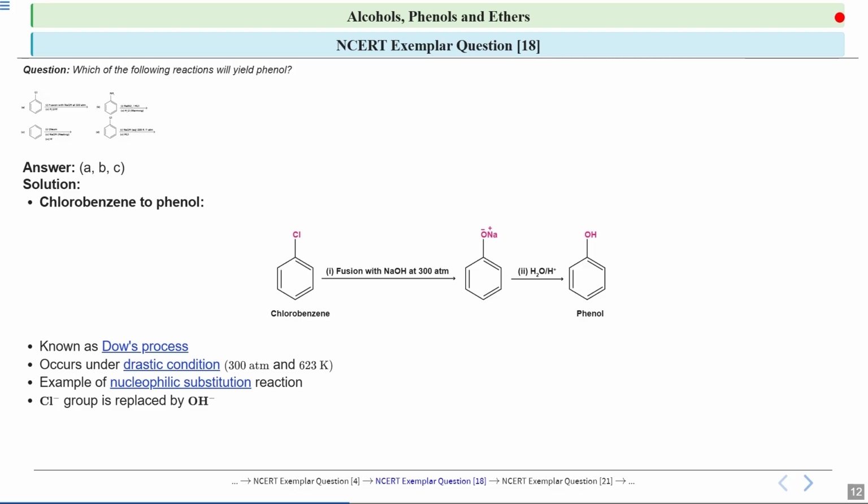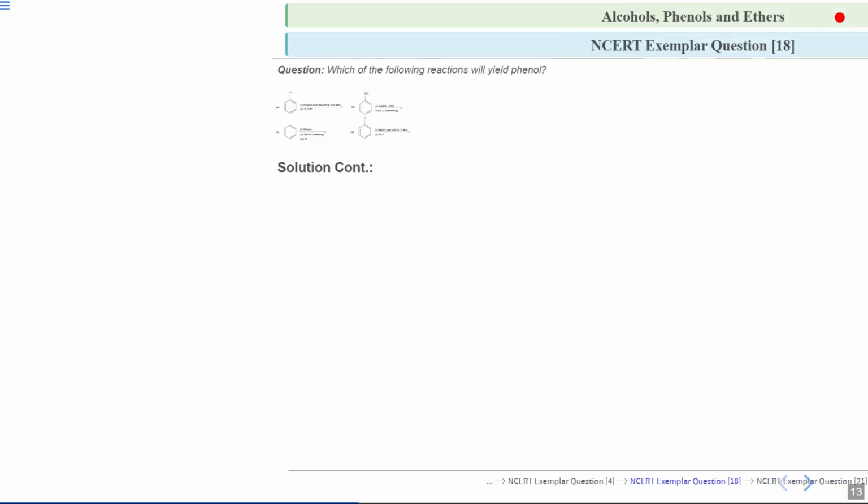This substitution is crucial because it transforms chlorobenzene into phenol. So this option is correct because from chlorobenzene you are getting phenol. But remember this happens under drastic conditions, which are 300 atm and 623 Kelvin.